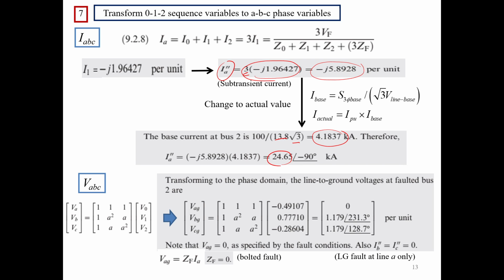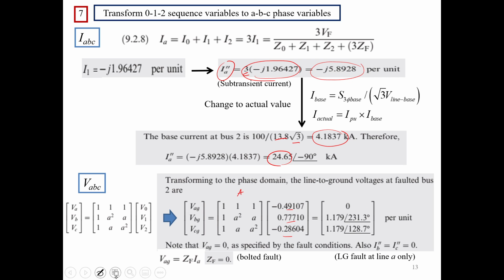We have the fault at phase A, a short circuit directly to the ground, so after your calculation you should have zero VA, while VB and VC are non-zero because those phases are still open. You multiply V0, V1, V2 by the A matrix and get VA, VB, and VC.